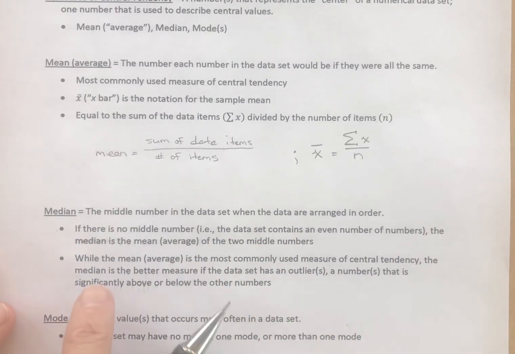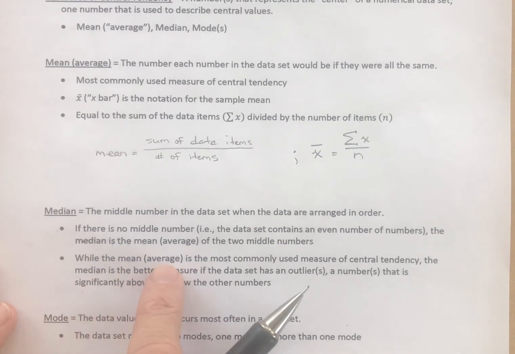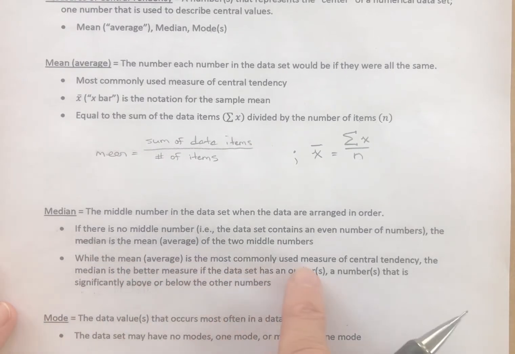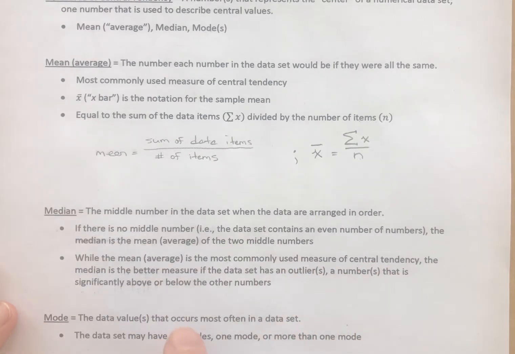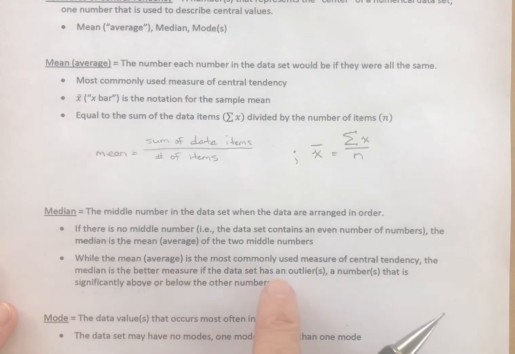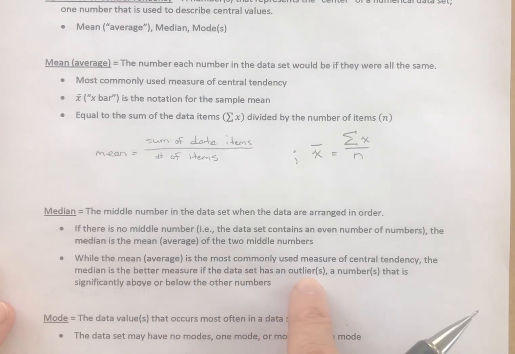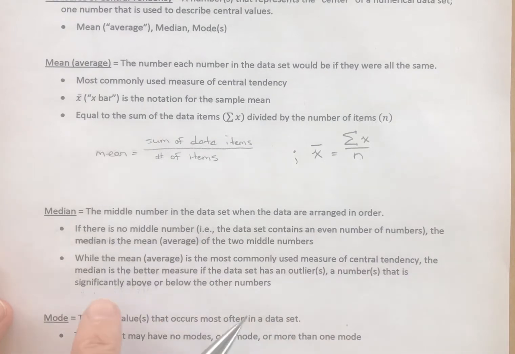And a second point about the median, while the mean or the average is the most commonly used measure of central tendency, the median is the better measure if the data set has an outlier or outliers. In other words, numbers that are significantly above or below the other numbers.